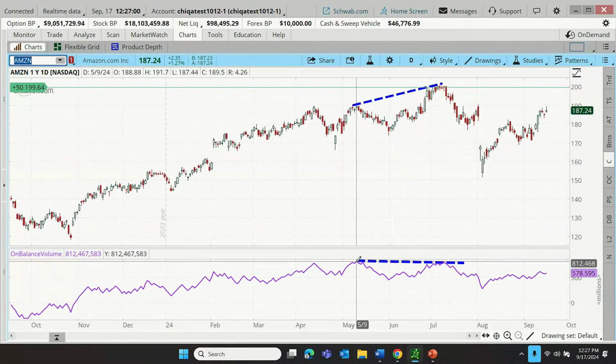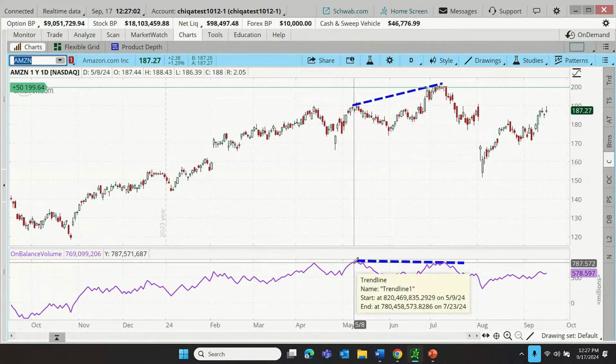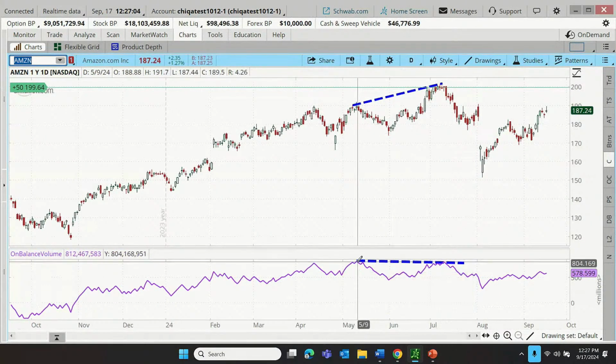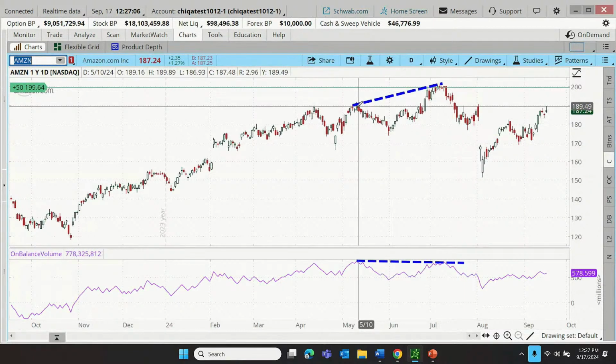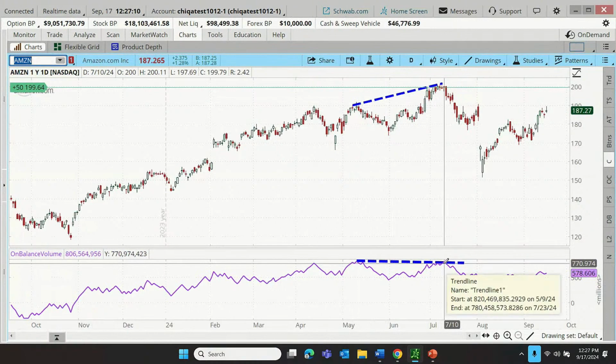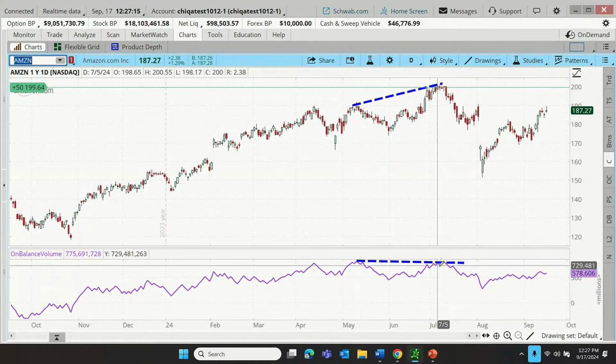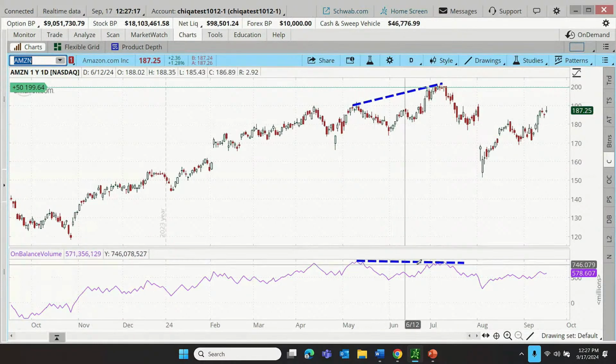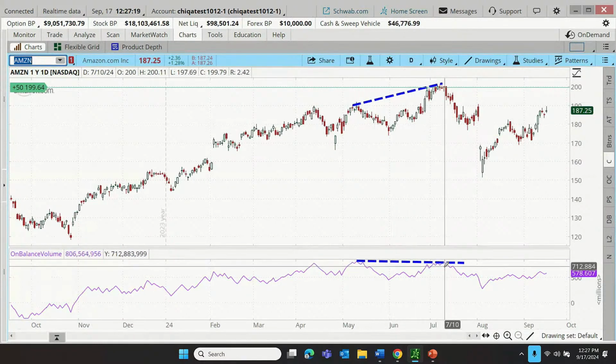And yet our observant OBV trader might look at this and say, well, we hit a peak on OBV here in May, same time price peaked, but it did not get to participate in that full rally that we saw in price. Matter of fact, it had a lower high as we moved to July.